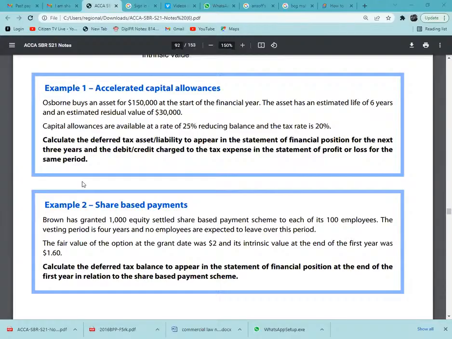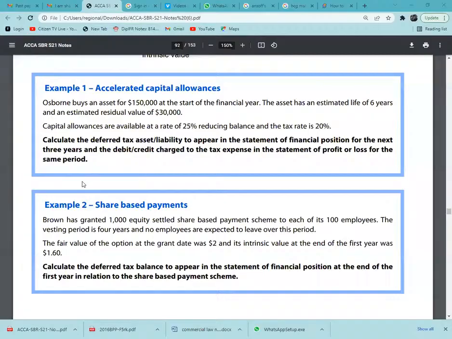Ladies and gentlemen, remember what Mr. Norbert told you here. He told you something very easy, that for you to be able to get the share-based payment, you take it to your balance sheet.